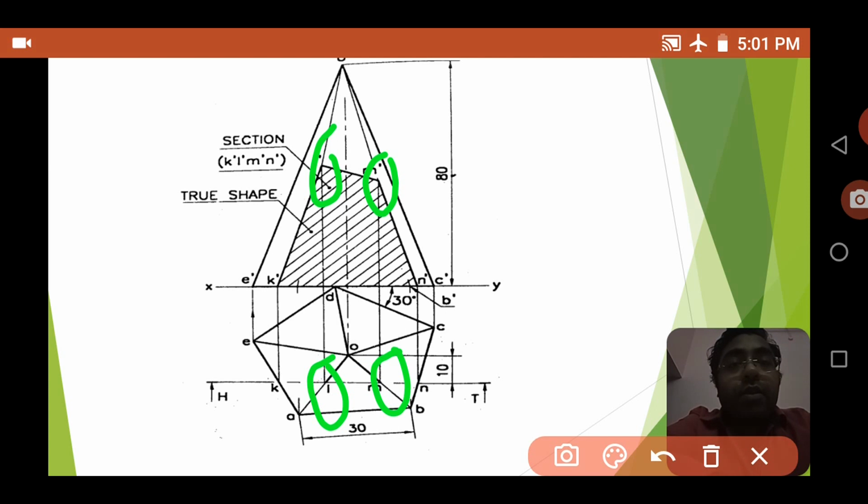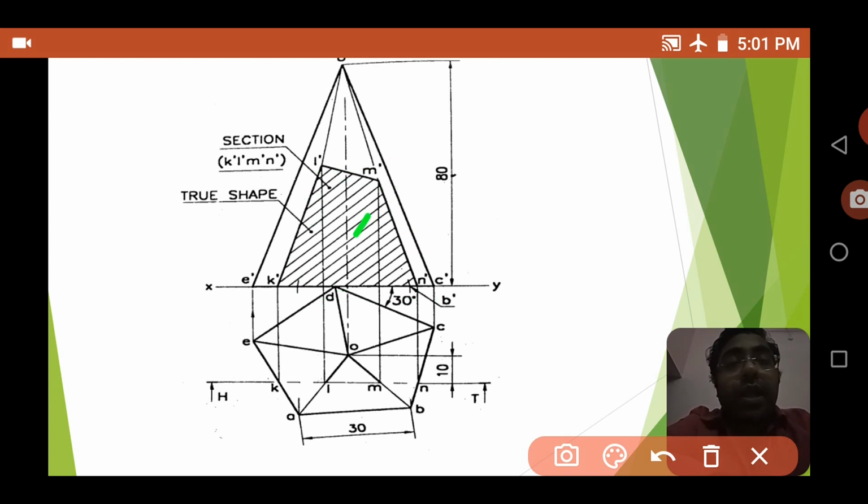You can mark these points, and then you can see that when a plane cuts a pentagonal pyramid, this part, the hashed part, is cut. So you have to mark this part as hatching.